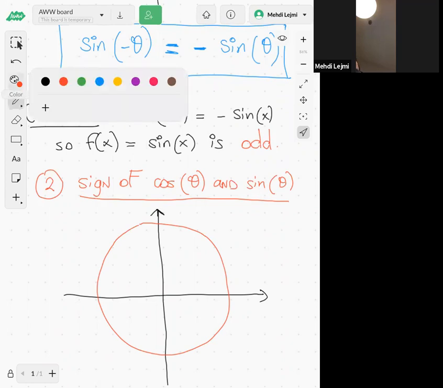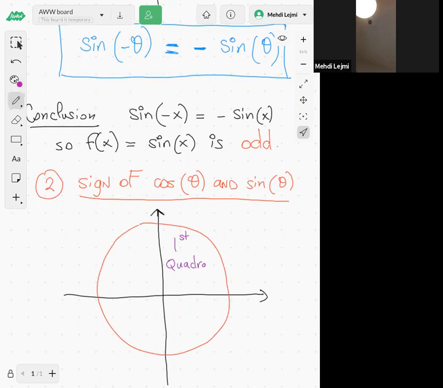This one is gonna be my first quadrant. This is my second quadrant. And this is the third quadrant. And of course, this is the fourth quadrant.